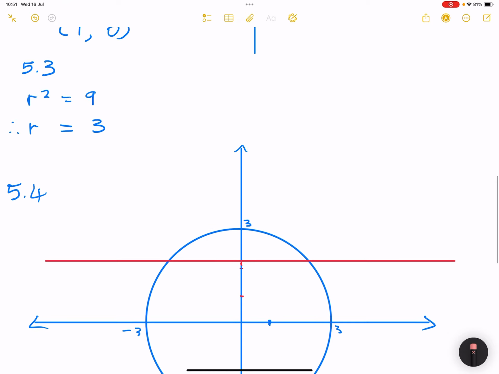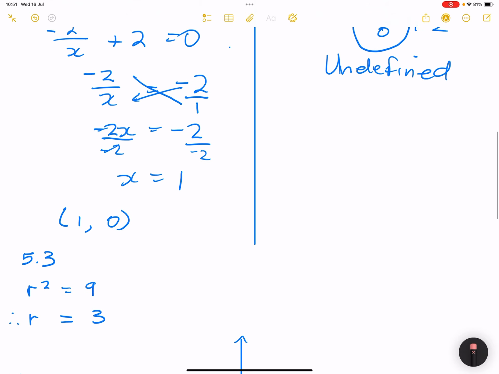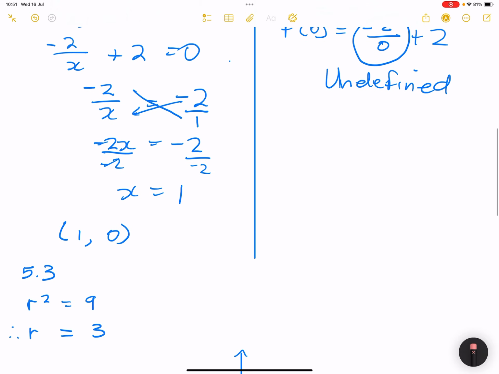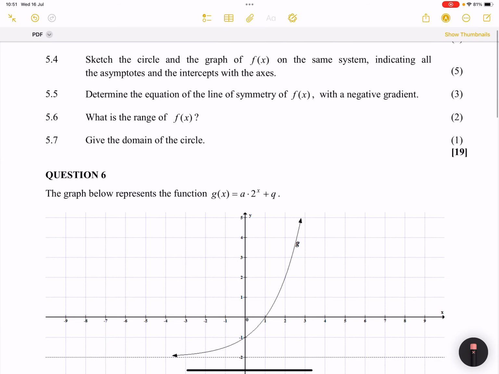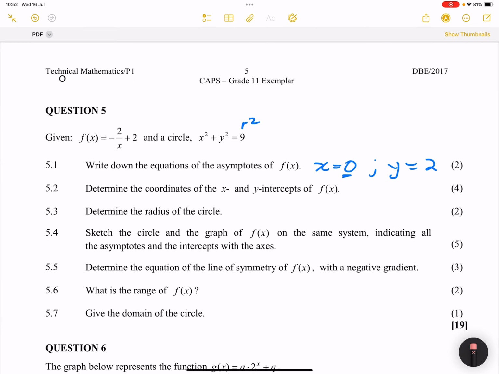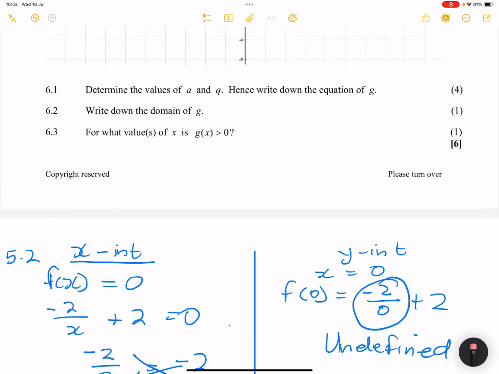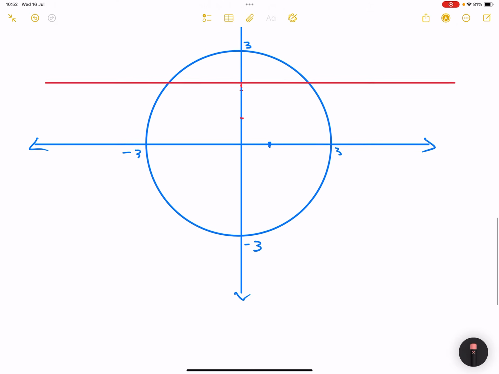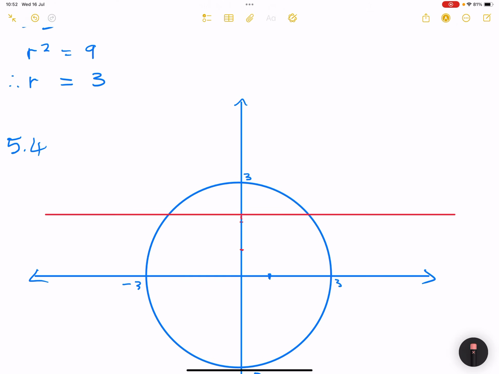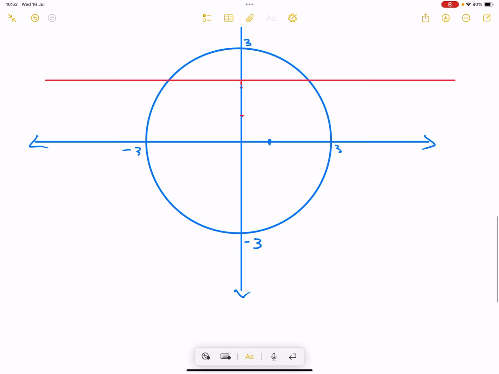In fact, I think that should have been -1. Did I make a mistake somewhere? Let's see that. Okay. So that means my hyperbola is going to sit there. The other one is going to sit over there.